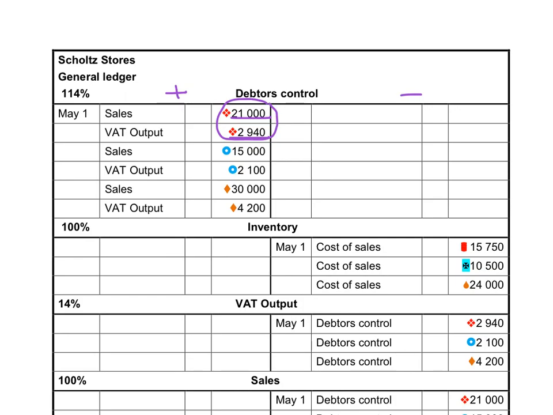VAT output is a liability because the business collected VAT on behalf of SARS. Liabilities increase on the credit side and decrease on the debit side. The VAT will therefore be credited with 2,940, and we will indicate that the double entry is in the debtors control account.